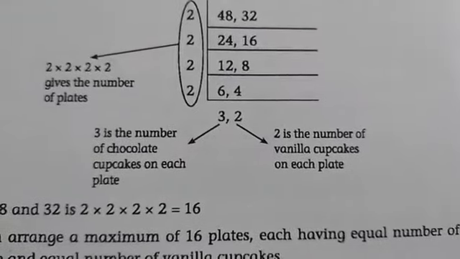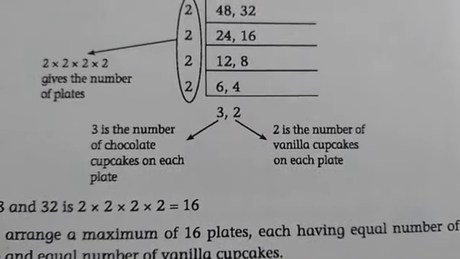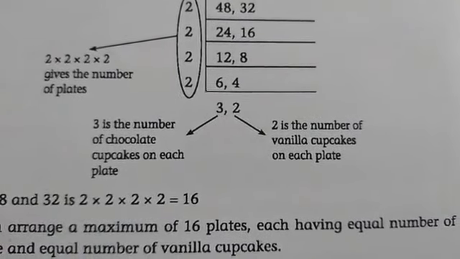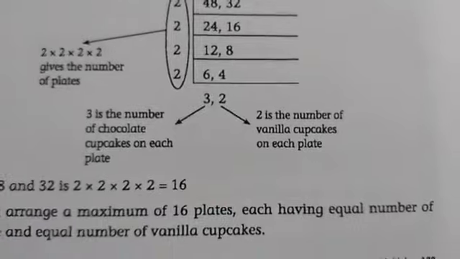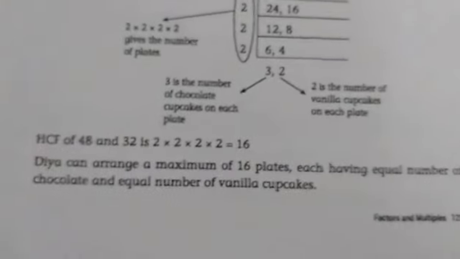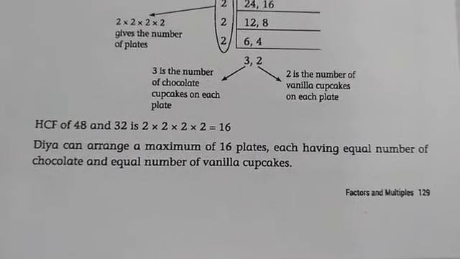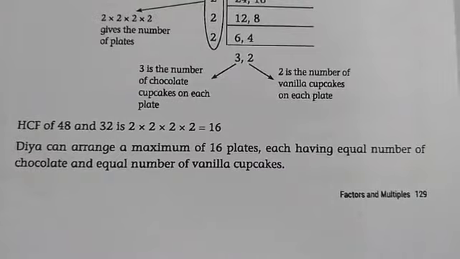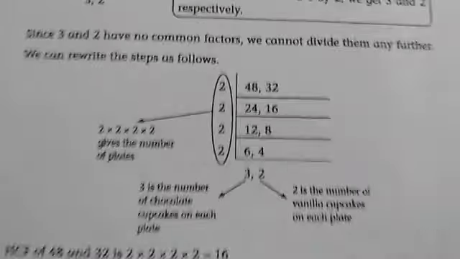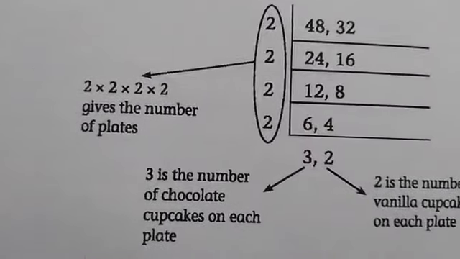The number of chocolate cupcakes and the number of vanilla cupcakes, we can finish the total. Then we can put an equal number on each plate also. Okay. So this is a very good example. So Divya arranged a maximum of 16 plates. How many plates? 16 plates.